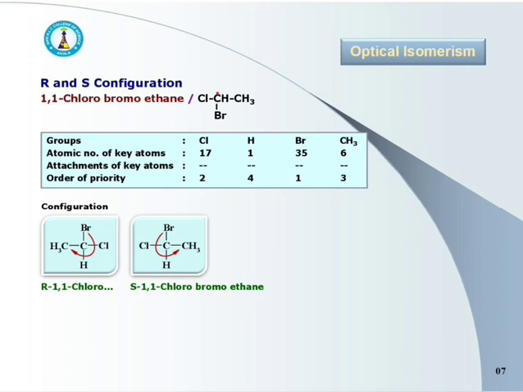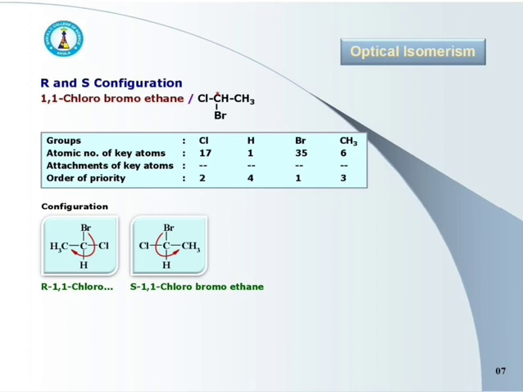Now view the molecule from the side opposite to the hydrogen. There is a decrease in priority of groups in the clockwise direction in the first structure, while there is a decrease in priority of groups in the anticlockwise direction in the second structure.